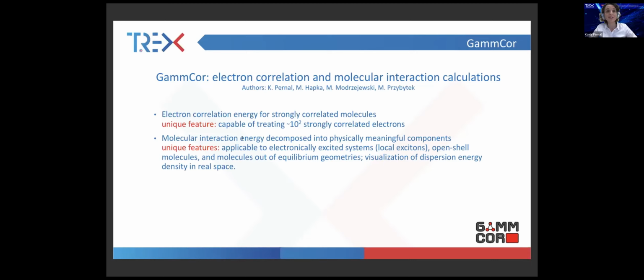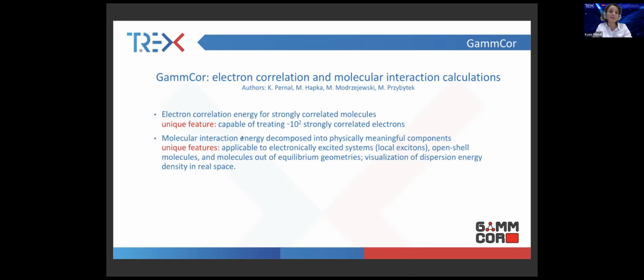The other main functionality is, as Claudia already mentioned, molecular interaction calculation, where GAMCore provides not only the molecular interaction energy, but also some interpretation, as the interaction energy is split into physically meaningful components. The unique feature of this functionality is that the method, which is SAPT, symmetry adapted perturbation theory, is especially designed for strongly correlated systems.